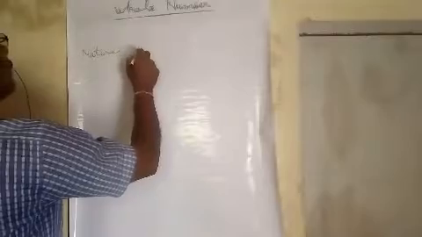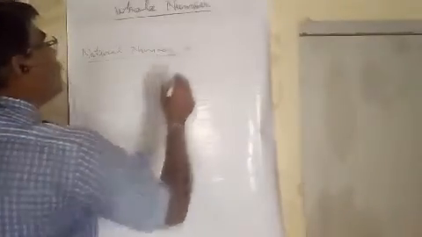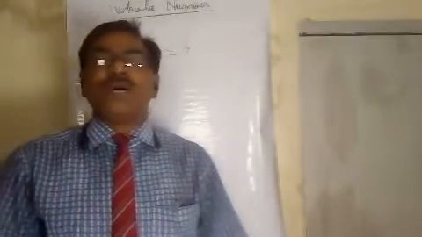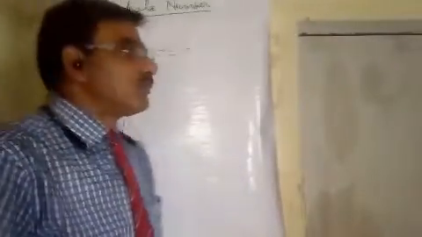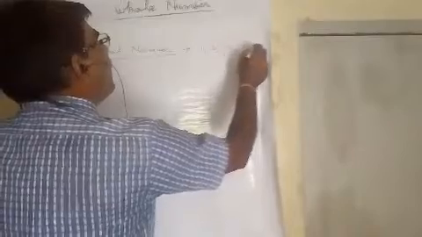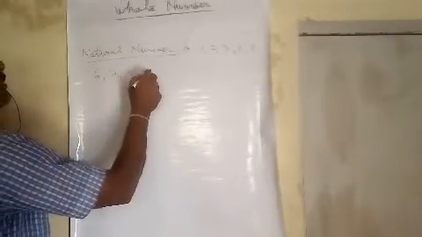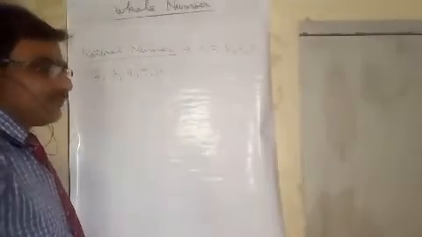All counting numbers 1, 2, 3, 4, 5, 6, 7, 8, 9 and so on are called natural numbers. Natural numbers 1, 2, 3, 4, 5, 6, 7, 8, 9, 10 and so on.